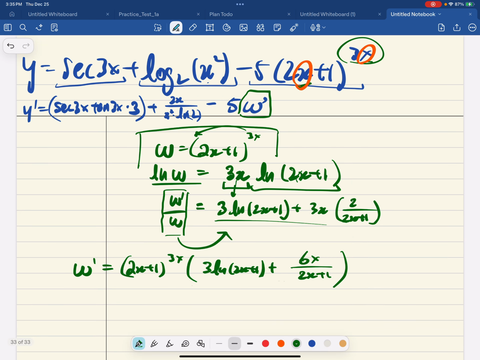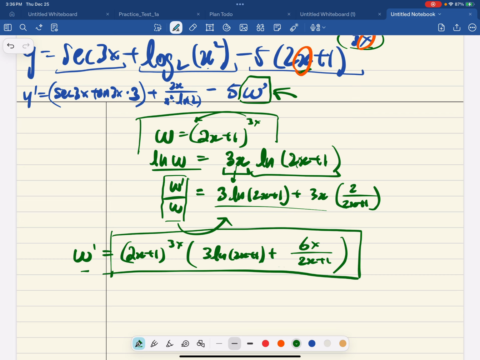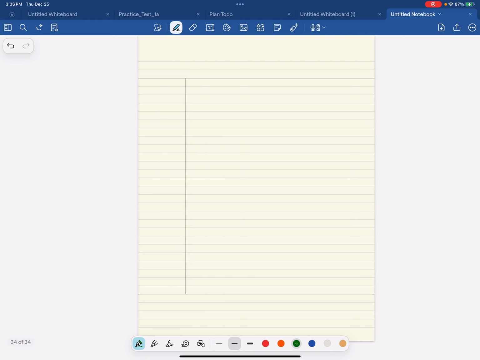Now we plug in the w, just rewriting omega prime as this very long expression. Then rewrite y prime equals secant 3x and so on, minus 5, and you rewrite this. I'm not rewriting that, but you understand it, hopefully.